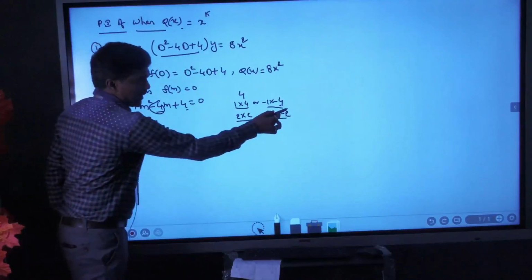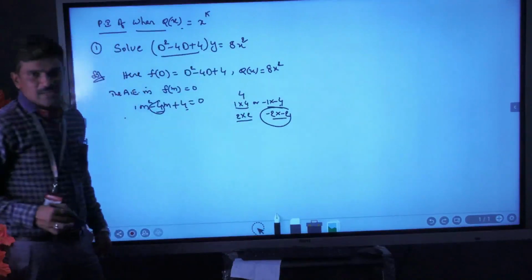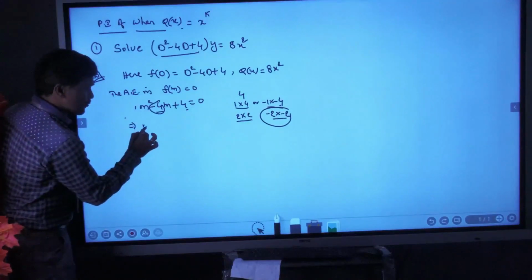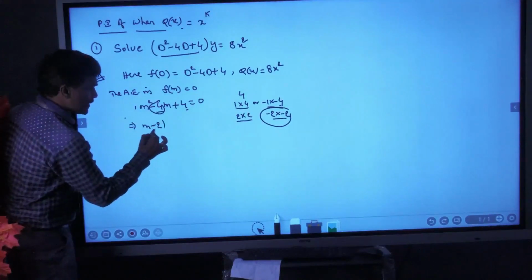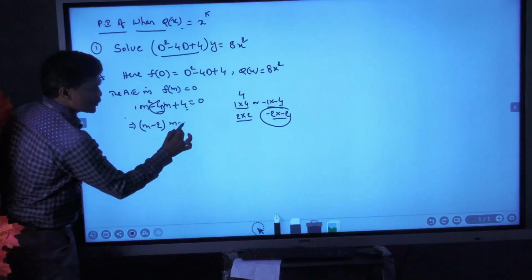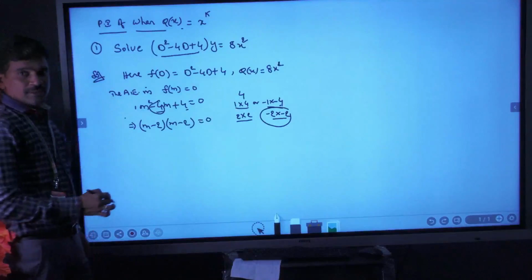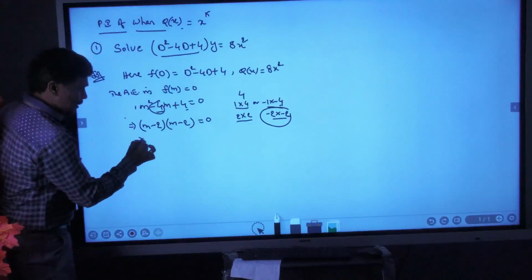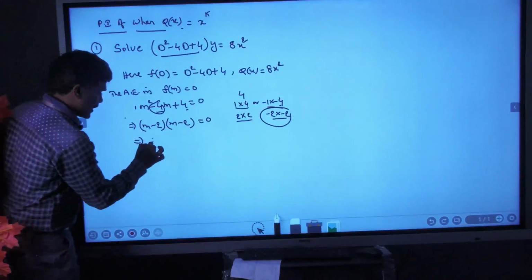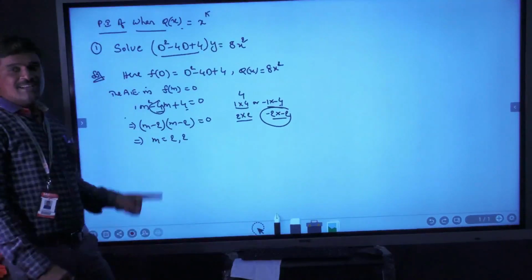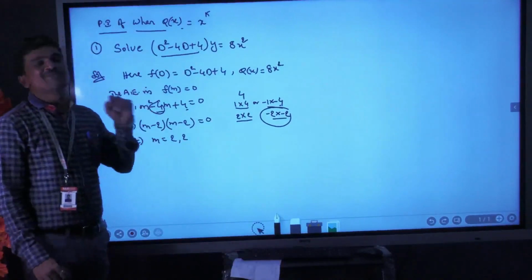Now we can write the factors: minus 2, so m minus 2, again minus 2, so m minus 2 is equal to 0. Now m minus 2, m minus 2, so m is equal to 2, 2. Here we get equal roots.